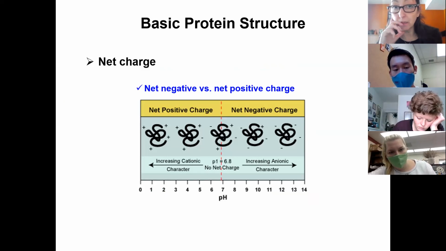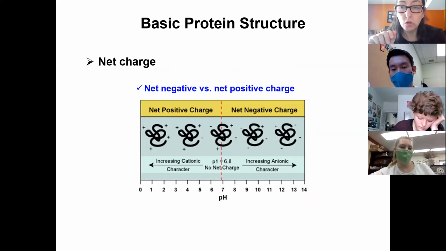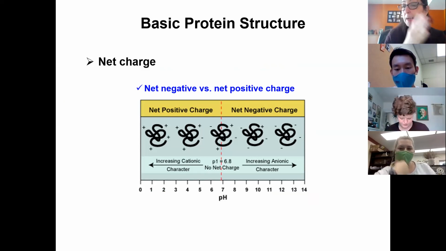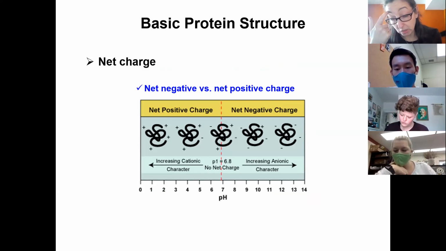So now the last bit about the protein structure is the net charge, which is really important and impacts a lot of functionality. Every amino acid can be either uncharged, positively charged, or negatively charged, depending on the pH.